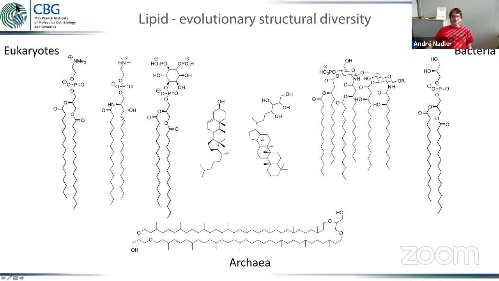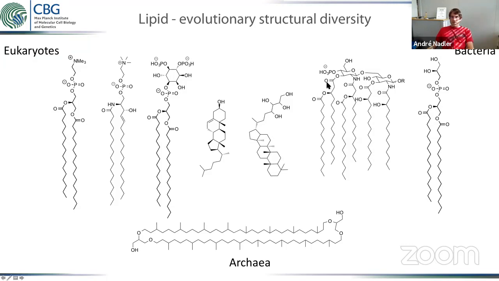Okay, so we have classical glycerophospholipids and sphingolipids that are the major species, structural lipids and signaling lipids in eukaryotes. We have sterols that are also primarily a eukaryotic lipid. Then the bacterial analog in the form of hopanoids.